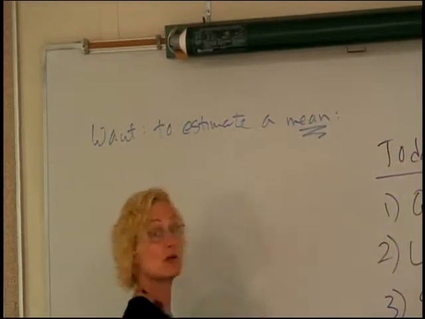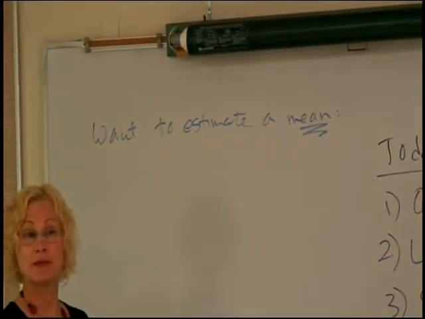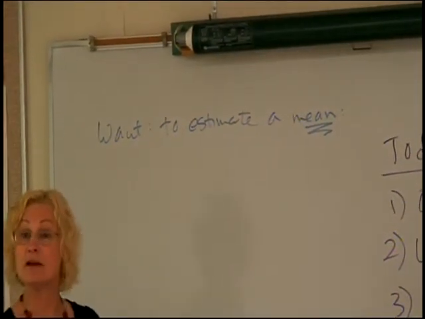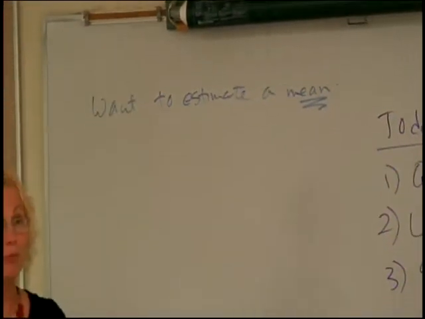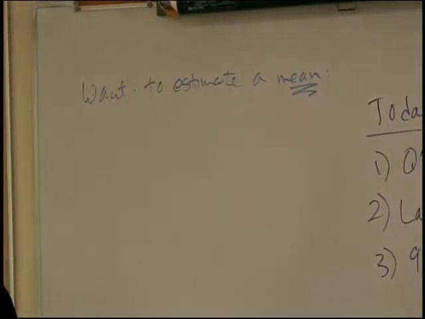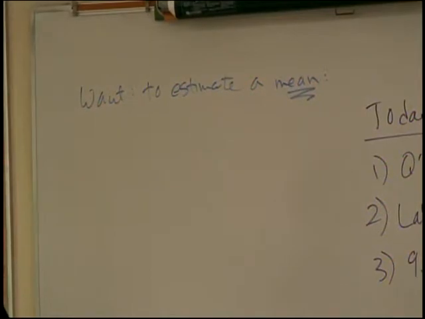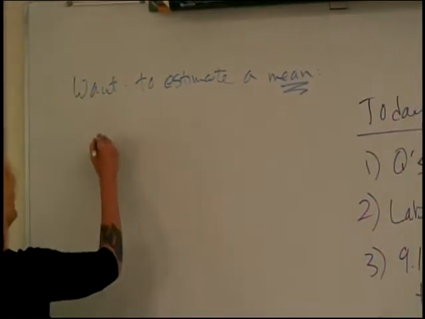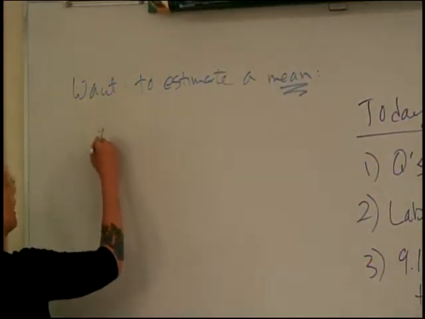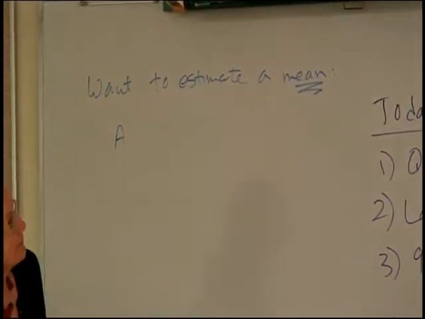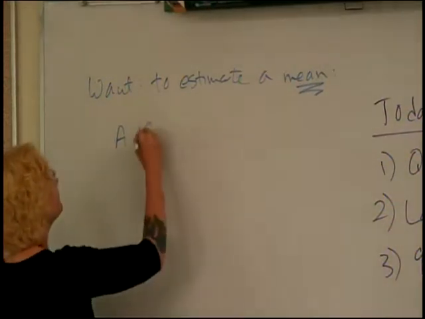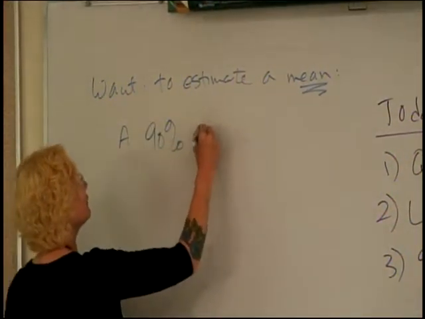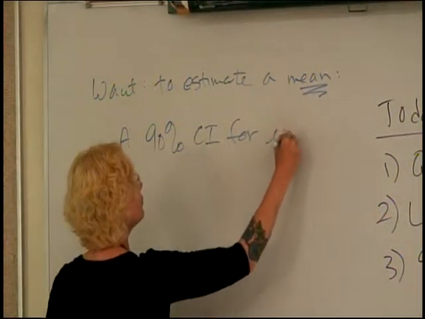What are we going to create, what are we going to calculate? A confidence interval. Perfect. We're going to do this by creating a 90% confidence interval for mu.